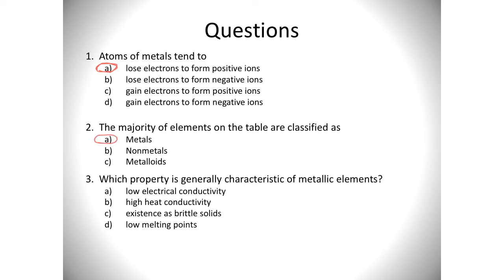So on the first slide where I colored them in, most of them were blue and they were metals. A property of our metals is not low electrical conductivity because metals are good conductors. So that will be our answer. And C would not work because metals are malleable and metals have high melting and boiling points.